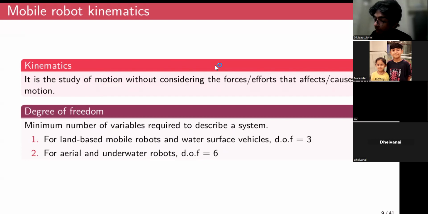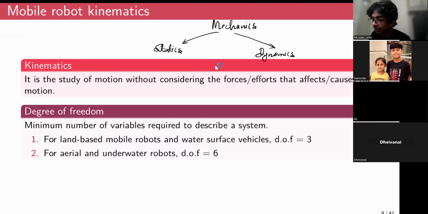The broader word is actually mechanics. And under mechanics, we basically have two subclasses. We call it statics, and the other subsection is dynamics, right?